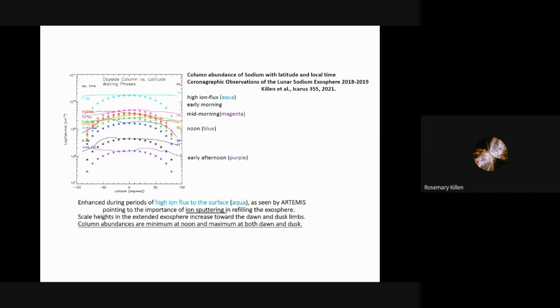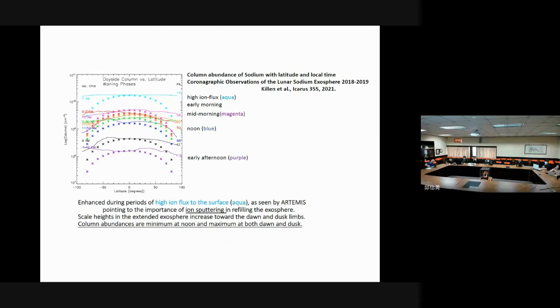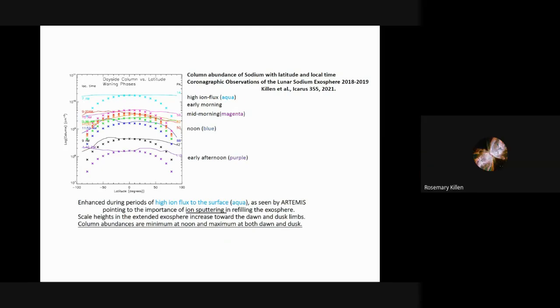Now, we also see that this is waning gibbous, where in the previous slide you saw that the dust was maximum at mid-morning, not exactly at dawn, but at mid-morning. And this is 9:30 a.m., where we have the next highest column. And then the noon is blue and the early afternoon is purple. So we think that this might be evidence that there is impact vaporization following the trend that you saw in LADEE.